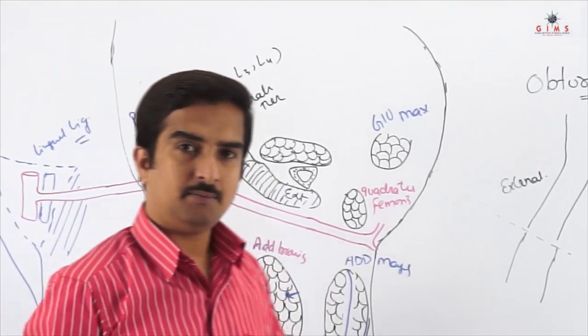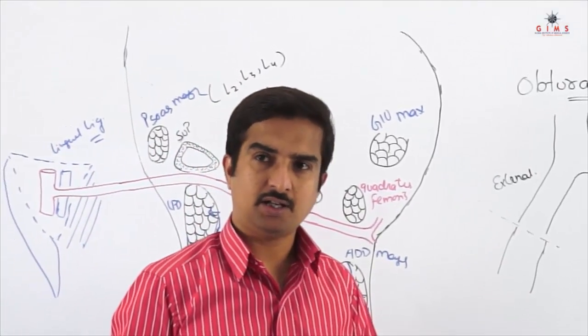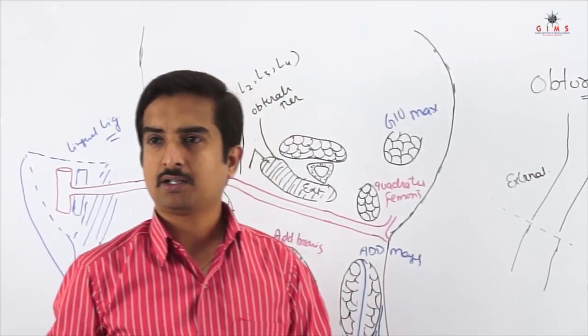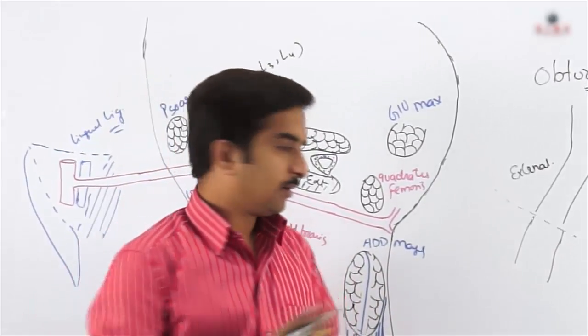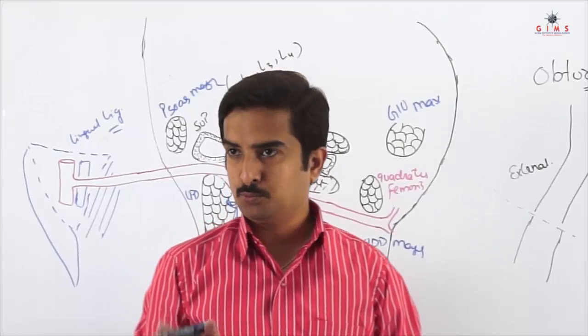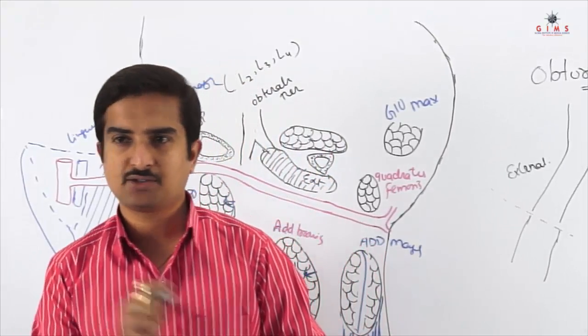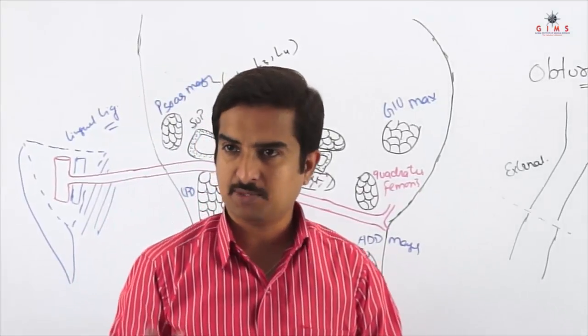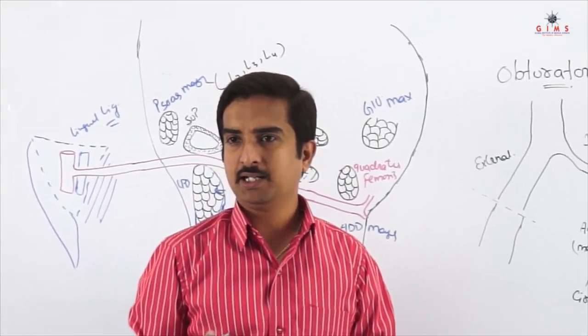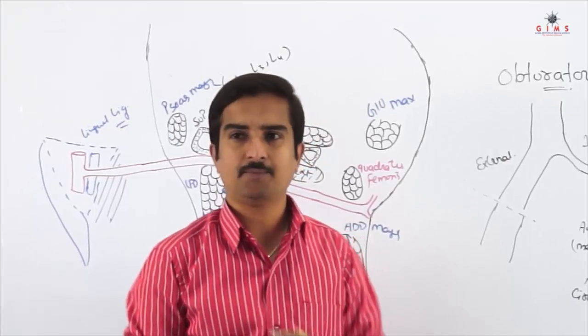The medial circumflex femoral artery finally terminates into two branches by dividing into ascending as well as transverse branches. So they are called the terminal branches of the medial circumflex femoral artery.